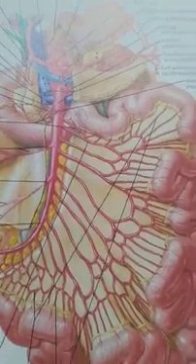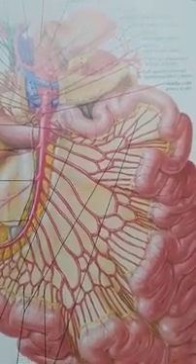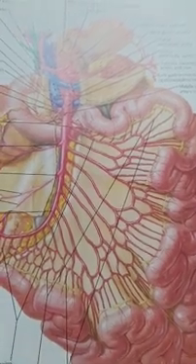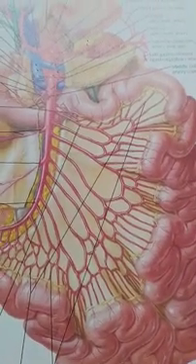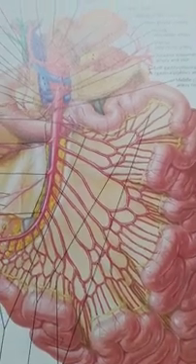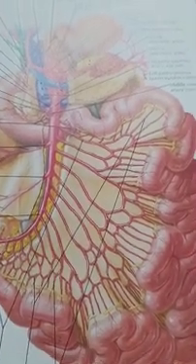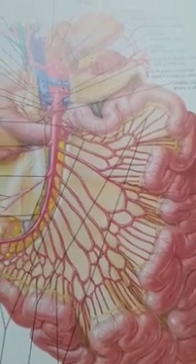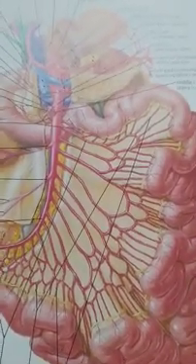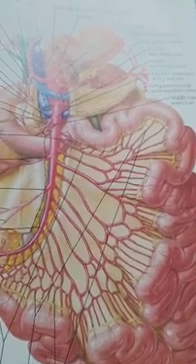Nerve supply is sympathetic from the T9 to T11 spinal segments, and parasympathetic from the vagus.